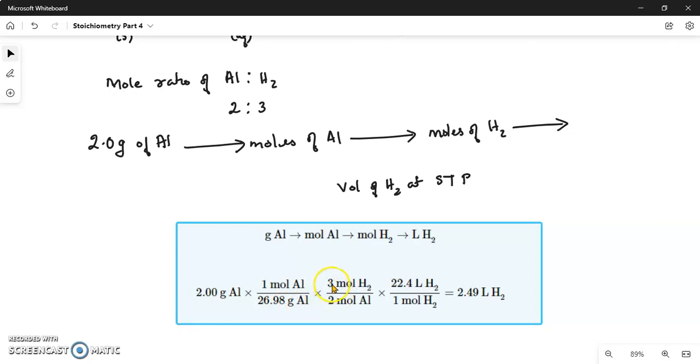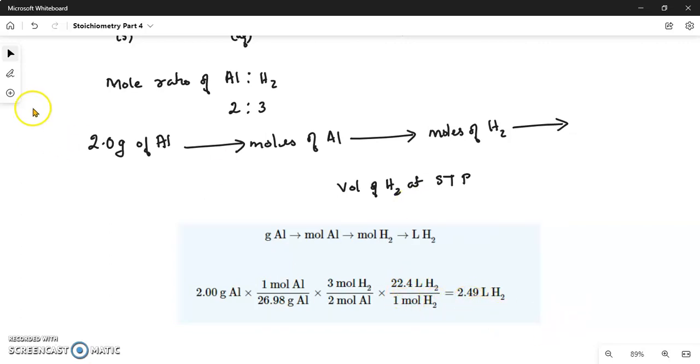We want hydrogen, so we put 3 moles of hydrogen on the numerator, divided by 2 moles of aluminum in the denominator, multiplied by 22.4 liter of hydrogen, because that is the volume for 1 mole, divided by 1 mole hydrogen. The answer will be 2.49 liters of hydrogen at STP.